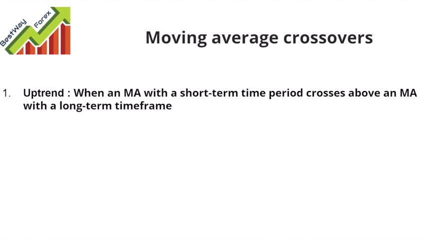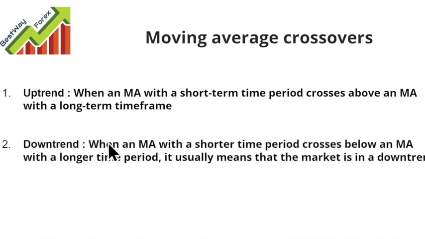So here, an uptrend is when an MA with a short time period crosses above an MA with a long time period. For example, when the 20 MA crosses the 50 MA from below to above, that is a signal for the uptrend. The downtrend is the opposite.